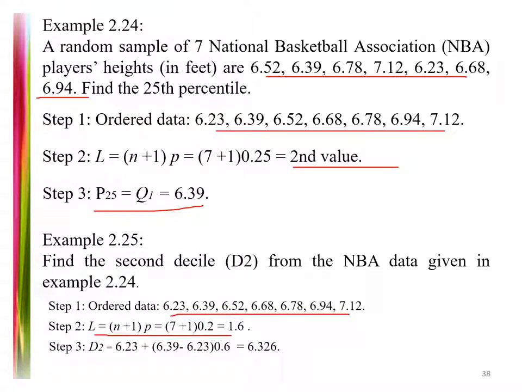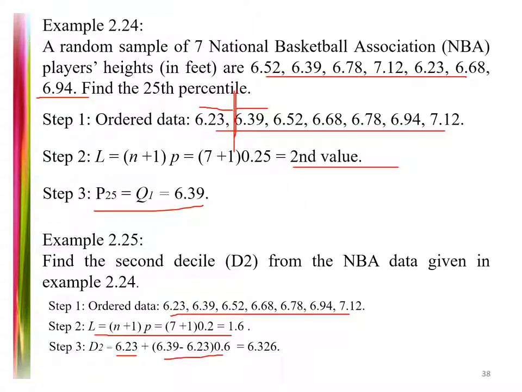So 1.6 means it lies between the first observation and the second observation. So you have to write here 6.23, that is the first observation, and calculate the difference between first and second: 6.39 minus 6.23, multiplied by 0.6. So just ignore the leading digit and consider the decimal part, 0.6.